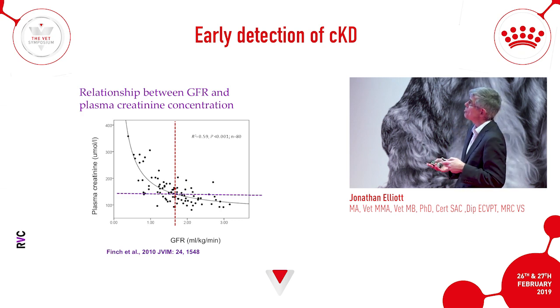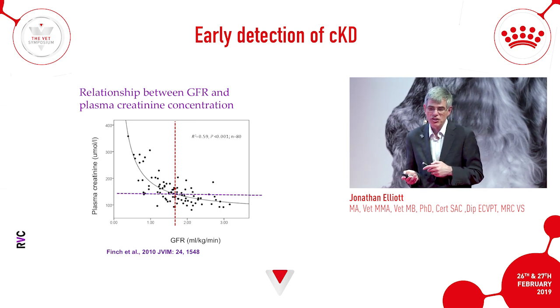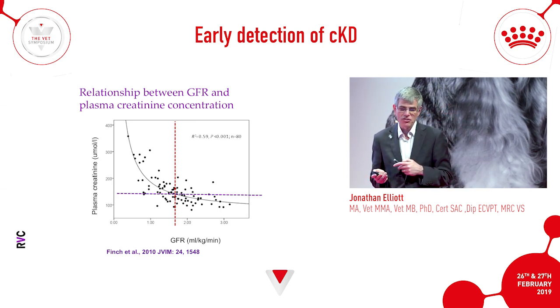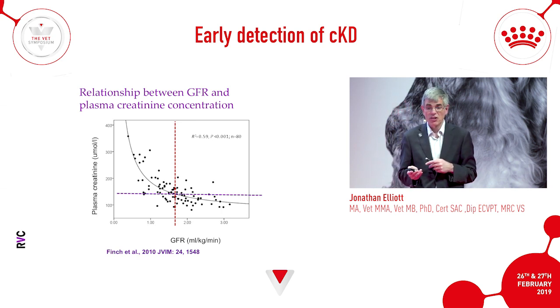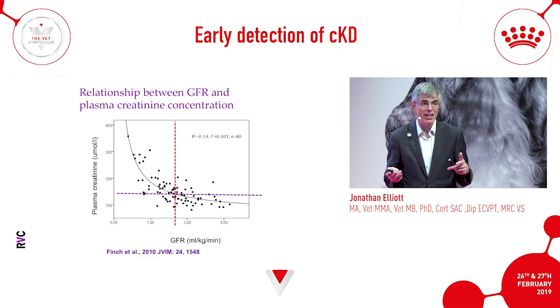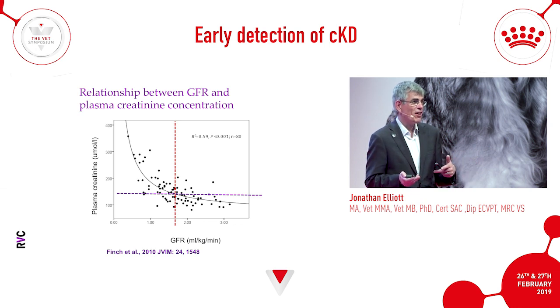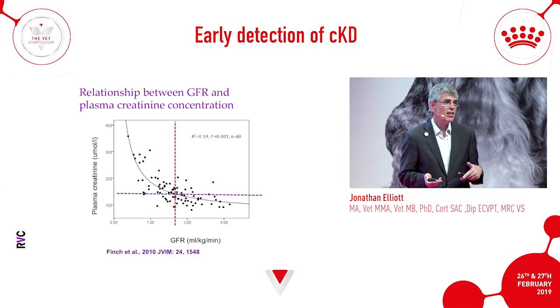And so this is what you see with creatinine when we actually measure creatinine and glomerular filtration rate and plot it out. We do get a highly statistically significant relationship. The R-squared value is 0.6. So there are other factors that are influencing this relationship, such as body mass. And it would be good if we could correct those factors and make the relationship even better.